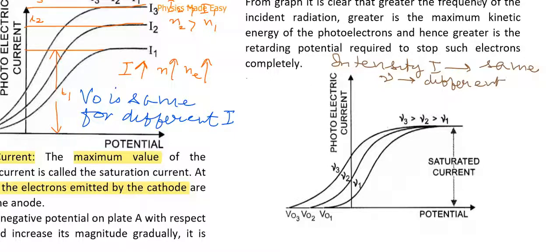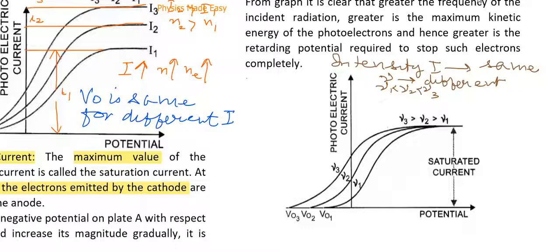Once we draw the graph for nu1, nu2 and nu3, we take three values of nu. For the first set I take nu1, for the second I take nu2, and for the third I take nu3. Now nu2 is greater than nu1 and nu3 is greater than nu2. This is the order.